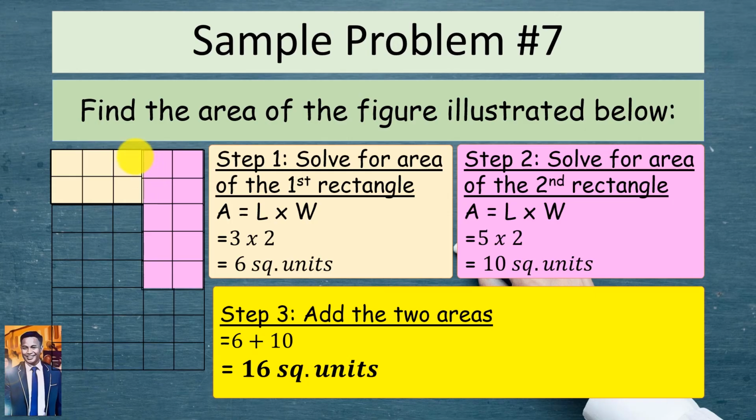Basta nilagay lang. Nag-drawing lang. Okay, so pag ganyan, pag hindi specified, sabihin lang natin units. Okay? So, kaya ang sagot natin will be 16 square units. Basta walang binigay na unit of measurement, lagay nyo lang, units.